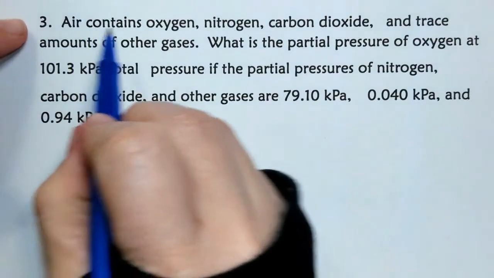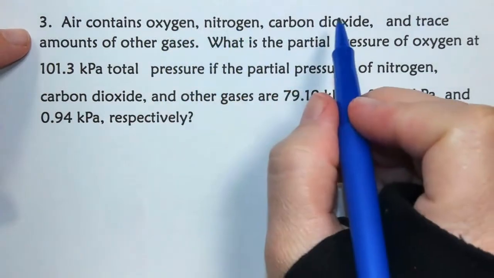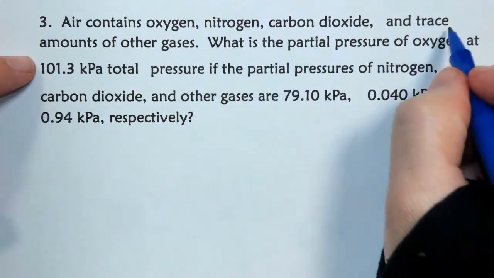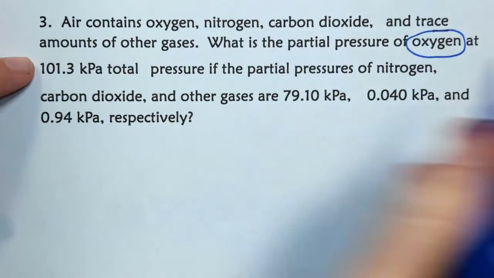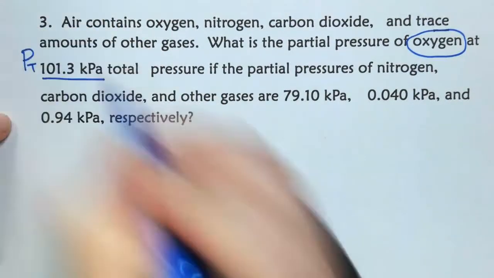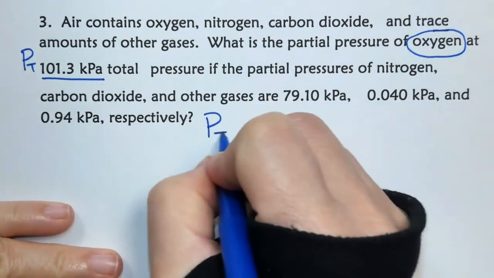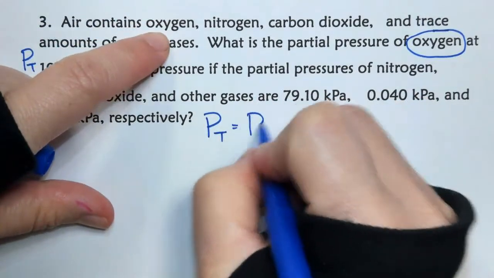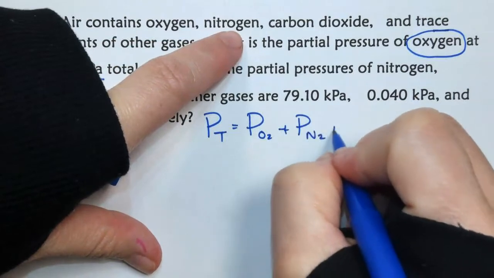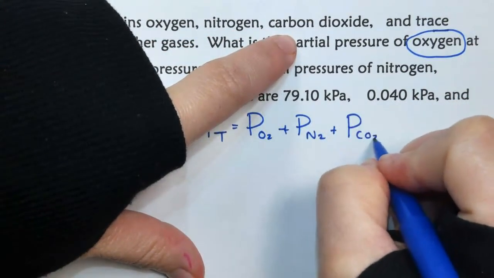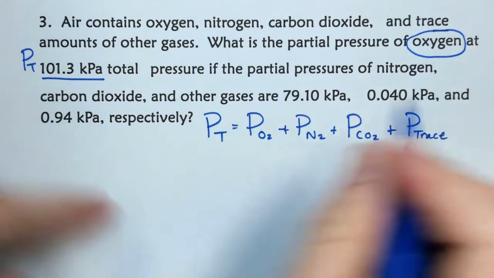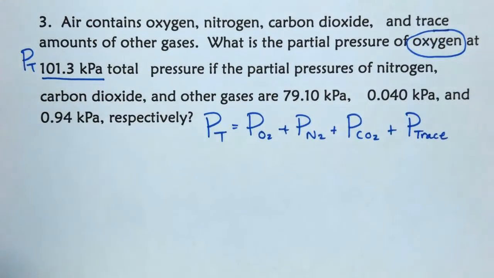Example number 3: air contains oxygen, nitrogen, carbon dioxide, and trace amounts of other gases. What is the partial pressure of oxygen? This one here is the total pressure, so total pressure equals the pressure of oxygen plus the pressure of nitrogen plus the pressure of carbon dioxide plus the pressure of trace, and that's going to be for all these other gases that they're mentioning.